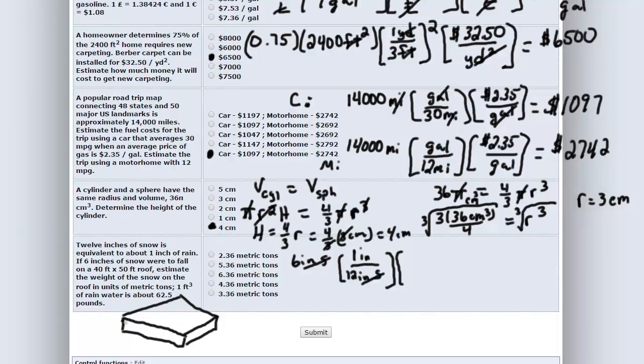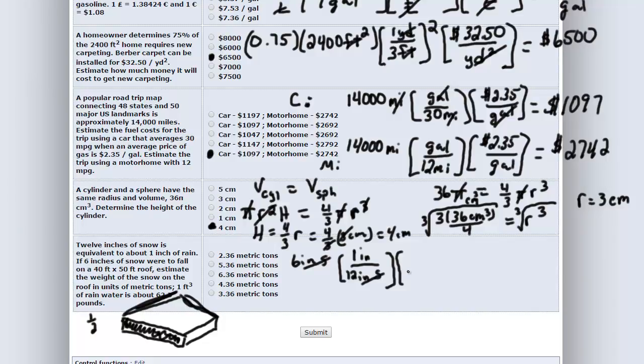Okay, so we had 6 inches of snow, which is 1/2 of an inch of rain. So this side here would be 1/2 of an inch of rain. And we'll get that by doing this math here. And then we have 1/2 of an inch of rain, and we have to multiply it by this length and this width. So let's convert this into feet.